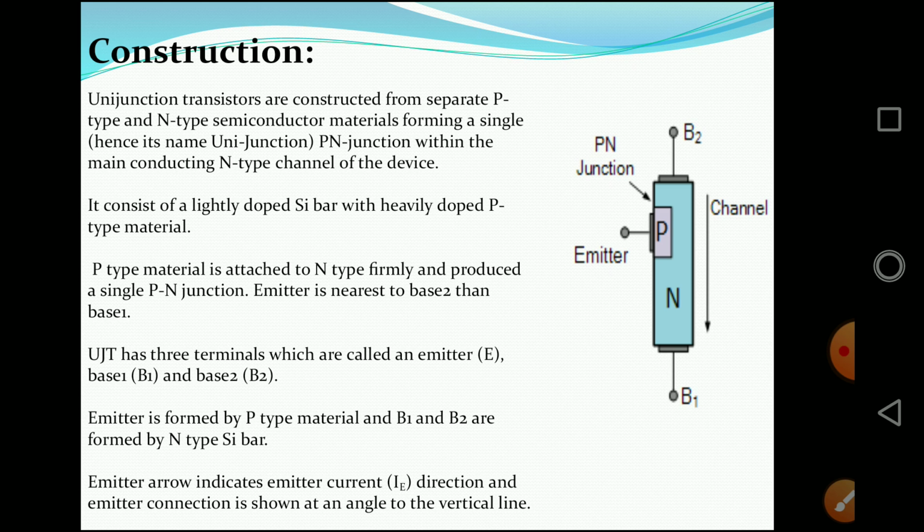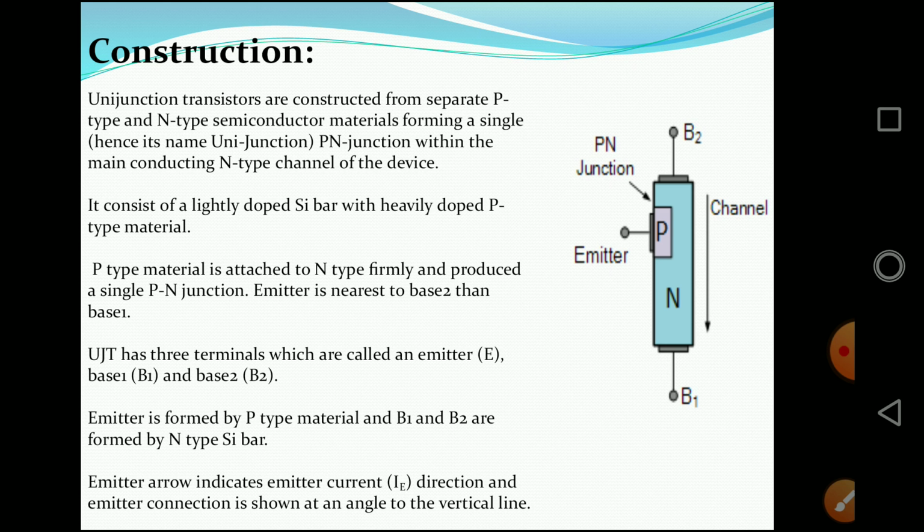Normally it forms a diode construction because there is a single P layer and a single N layer, and when these two layers are combined together they form a single junction, called the PN junction. So there is a diode construction, but it has three terminals B1, B2 and the emitter terminal. Therefore it is one type of transistor semiconductor device.